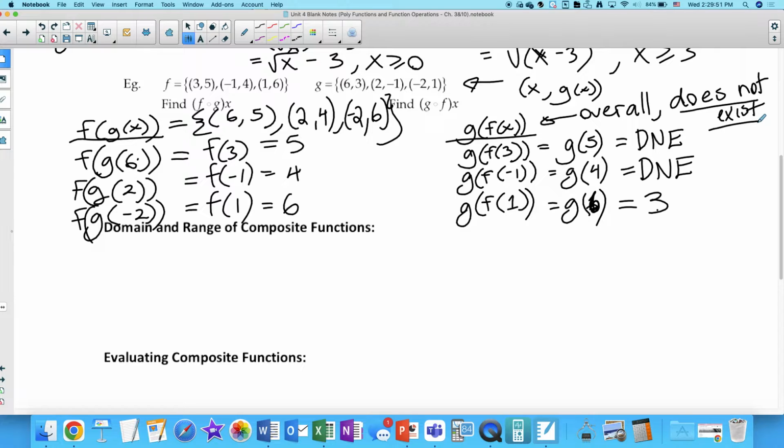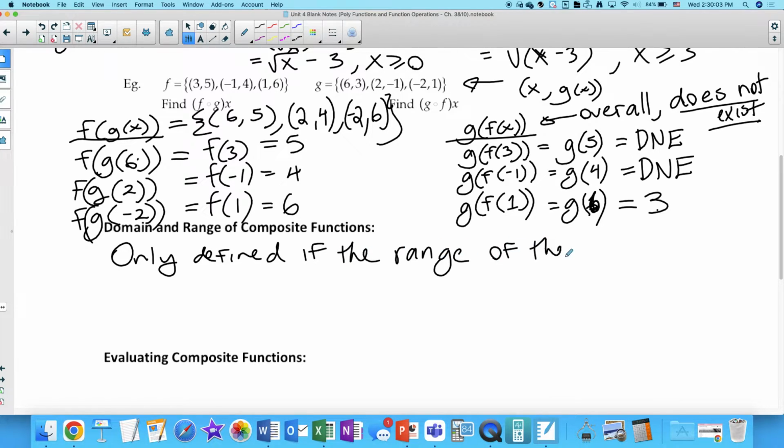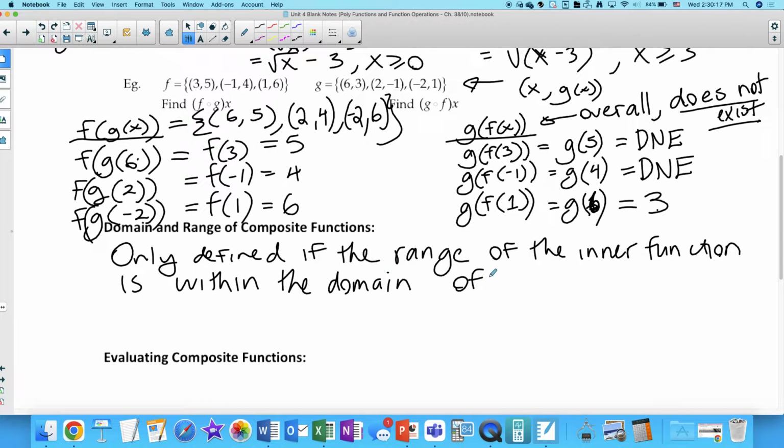So these are only defined if the range of the inner function is within the domain of the outer function.